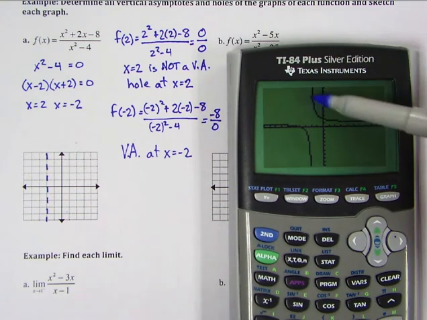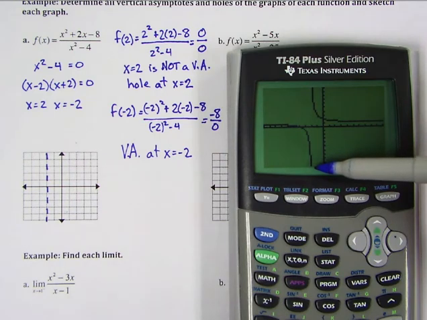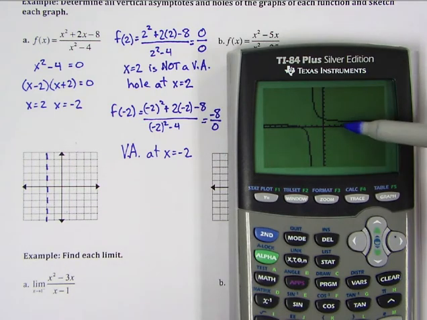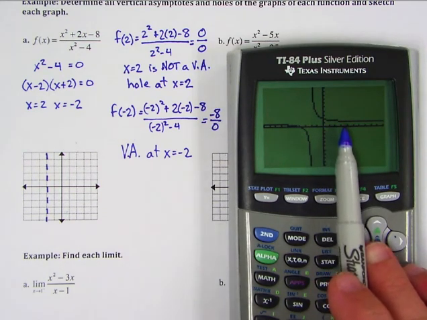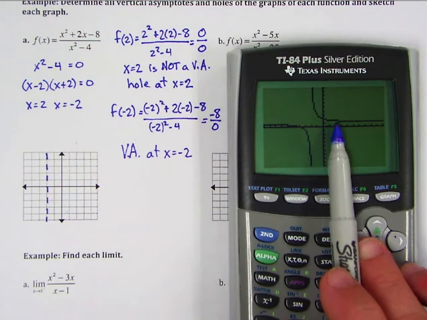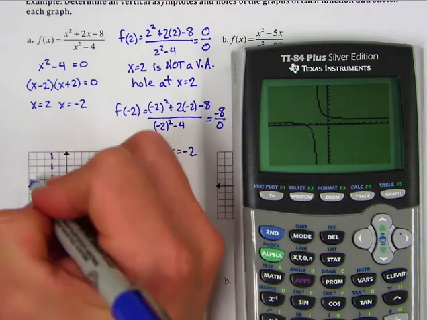And you can verify here that we do have a vertical asymptote at x equals negative 2, and we don't have a vertical asymptote at 2. Now again, in the graph, it looks like it's continuous right there, but we know there is a hole at x equals 2. So we'll go ahead and sketch this graph.